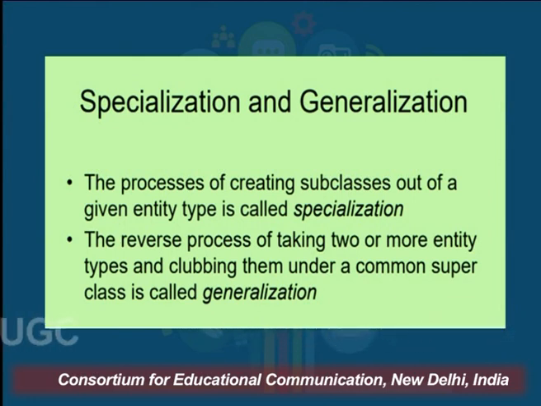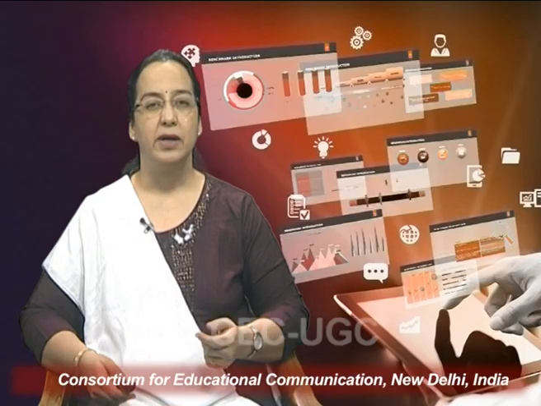So if we are going from child class to parent class, that is generalization, and if we are going vice versa, from parent class to child class, that is called specialization.